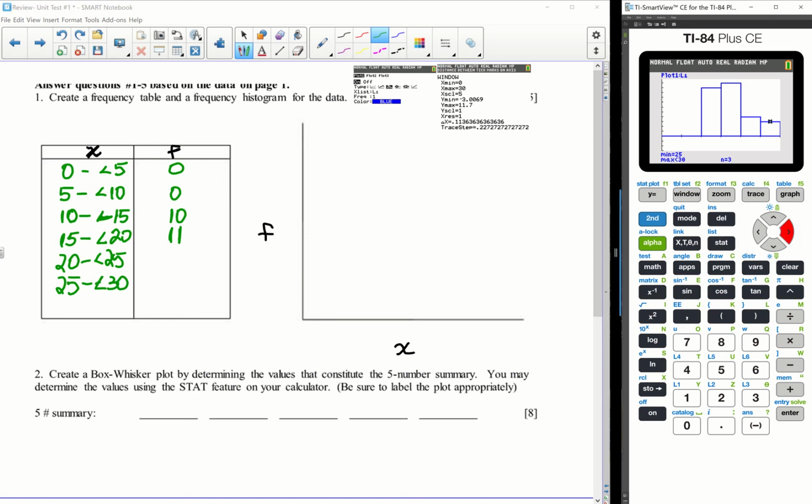So 4 and 3 respectively. Right? So I just got to get that on paper.